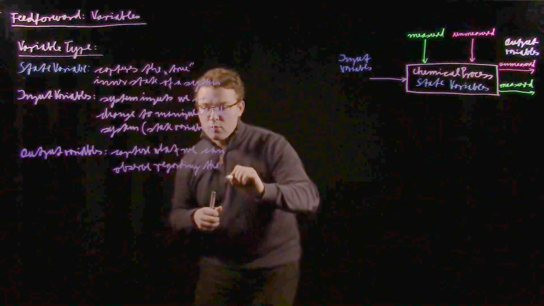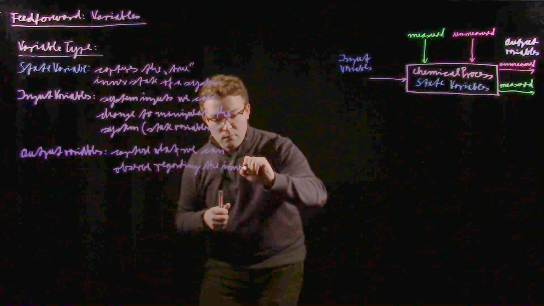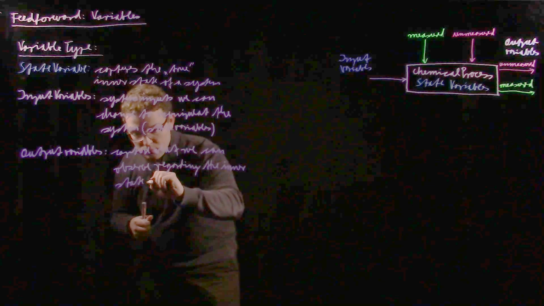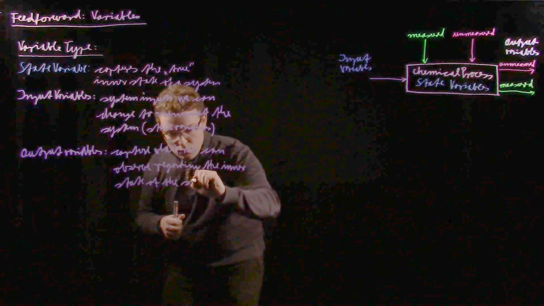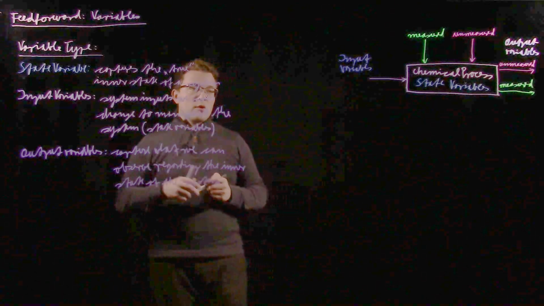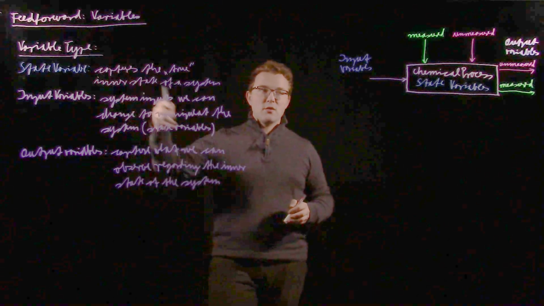Or in other words, regarding the inner state of the system. So now we have the first three variable types, the input, the output, and the inner state of the system.